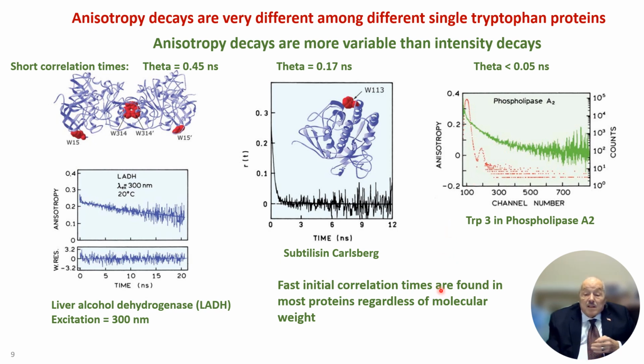The reason I'm bringing this up is because this is a characteristic feature of the anisotropy decays of almost all proteins, regardless of the molecular weight. So most proteins show some flexing of the tryptophan residue before the protein settles down and just undergoes global rotational diffusion.